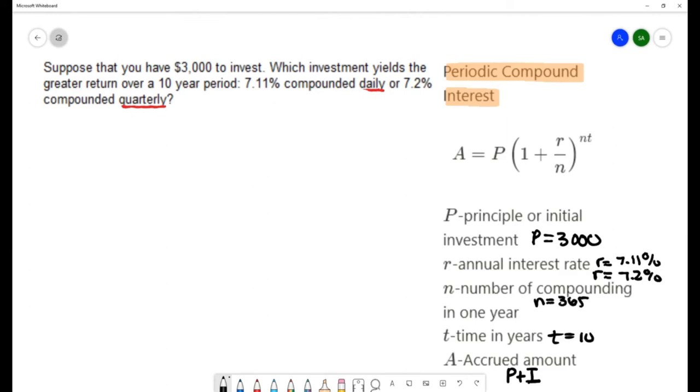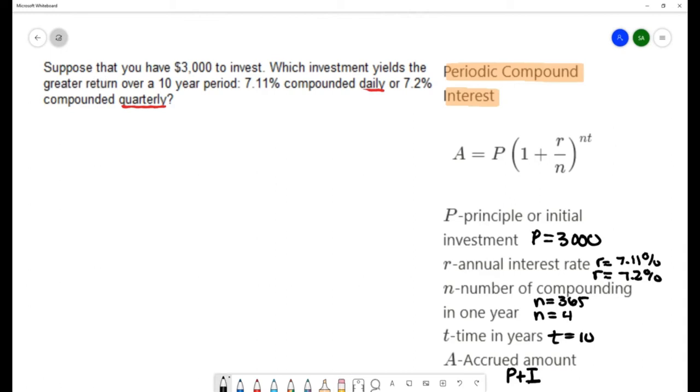If it's compounded quarterly, N will be 4. So this identifies all the different variables in the problem and their values, and we want to find out which investment yields a greater return. So a greater return means more money on our investment.